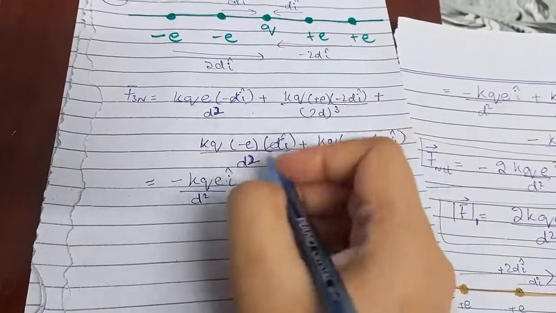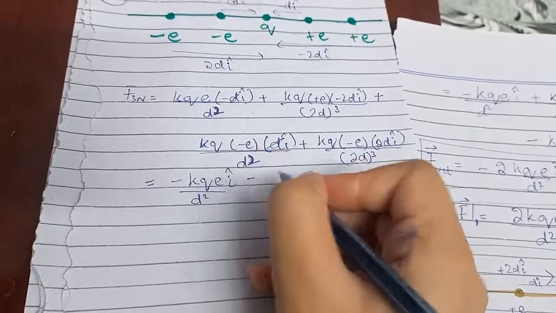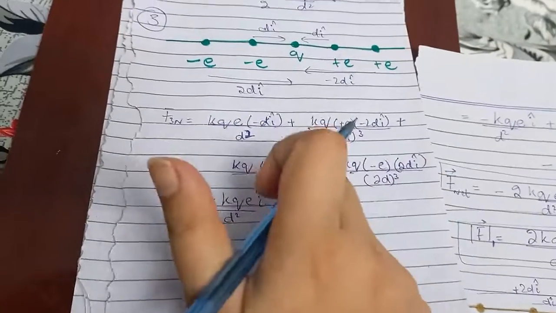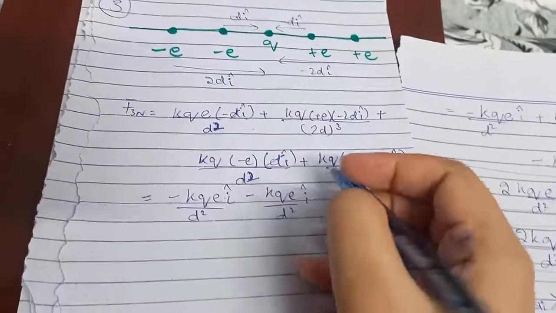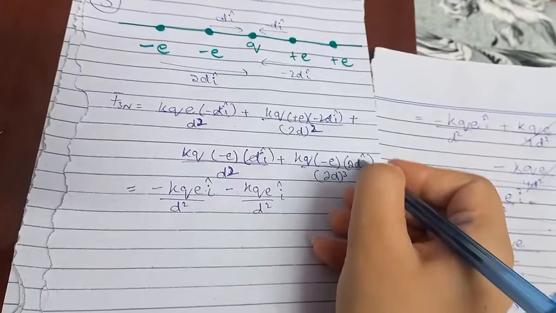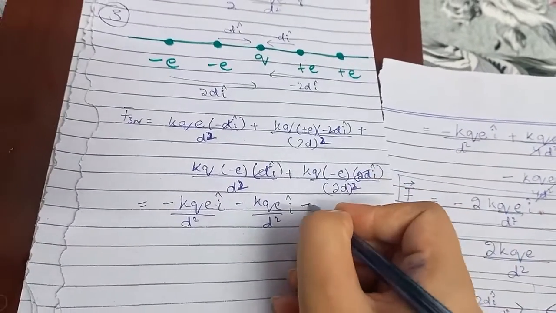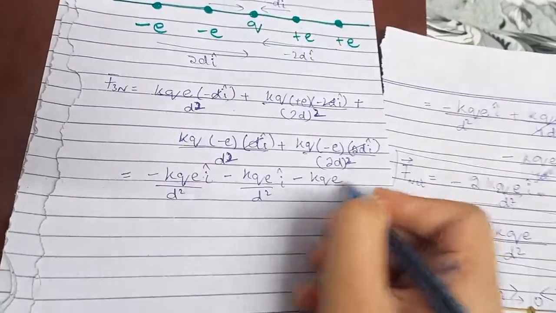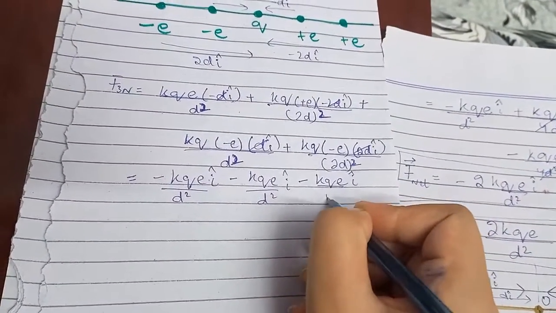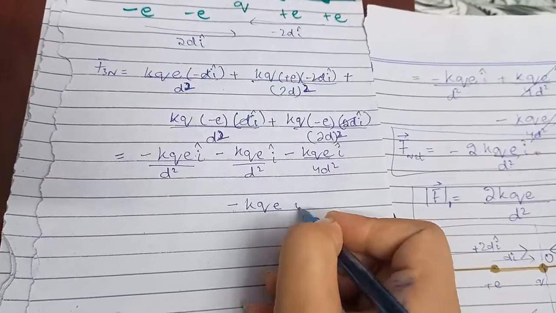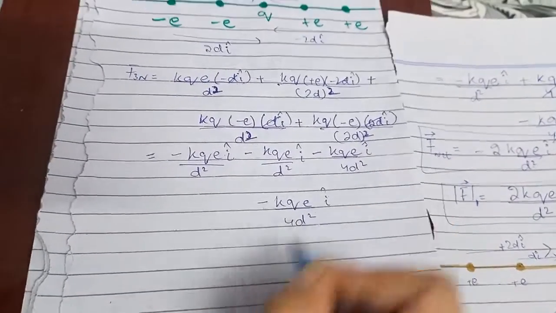I'll write this one next to it: it's negative again, k q e over d square i hat. I'm writing this and this together because they are more similar. This 2d and one of these cancel out, the same thing that happened before. It's a negative sign here, k q e i hat over 4d square, and here negative k q e i hat over 4d square. Let's add them up.